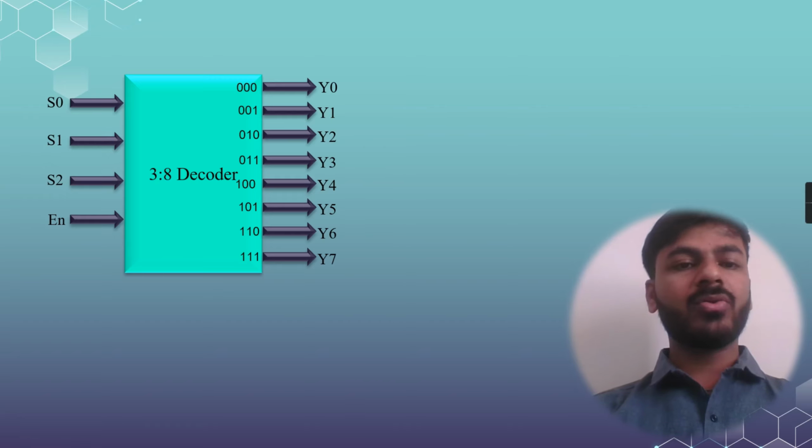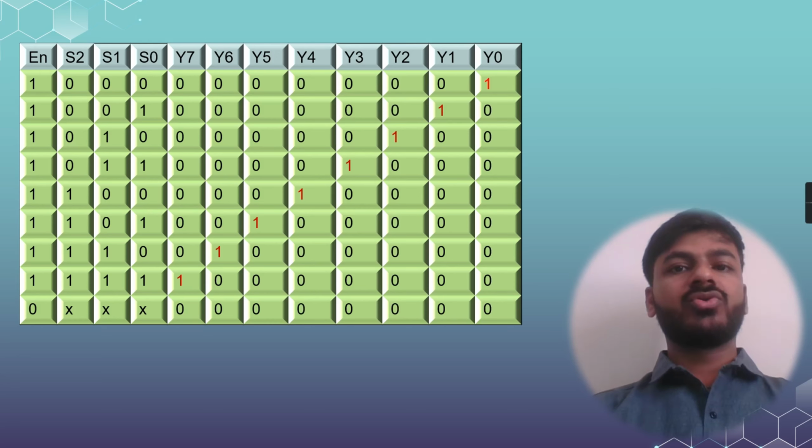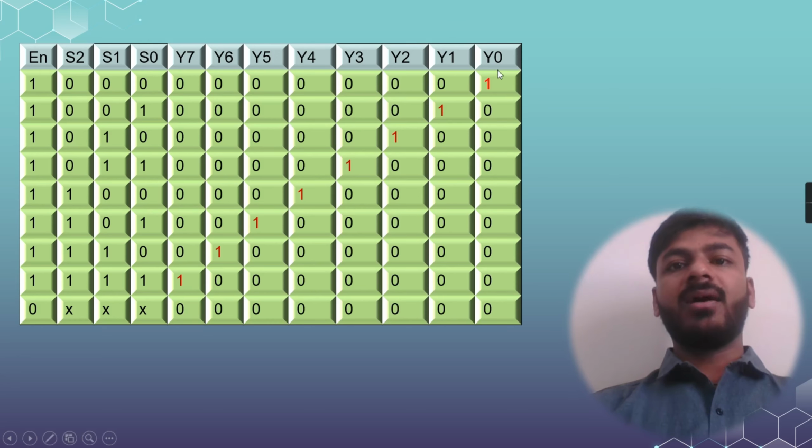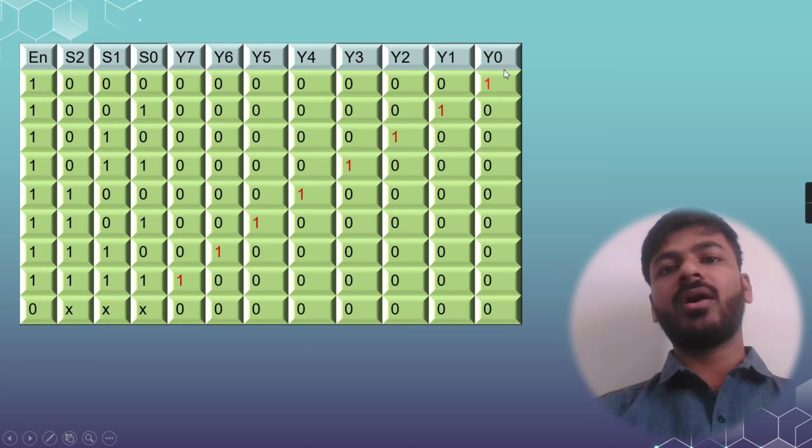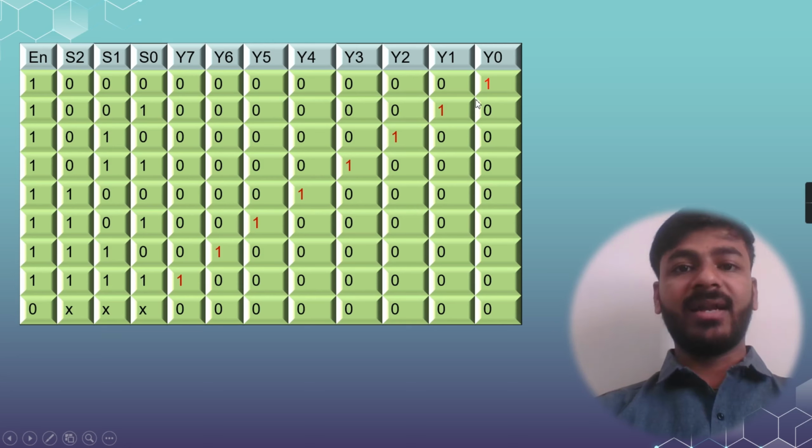Now if I talk about the truth table of the 3:8 decoder, here you can see that the output Y0 will be activated when and only when all select lines S0, S1 and S2 are low with the enable bit high. Then only output Y0 will be activated, and at that time other outputs will be low.